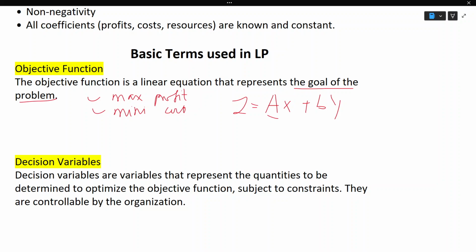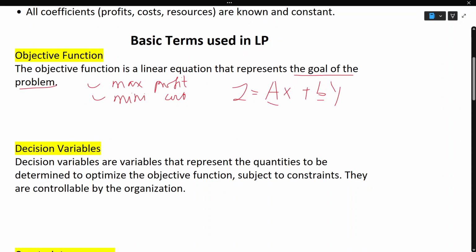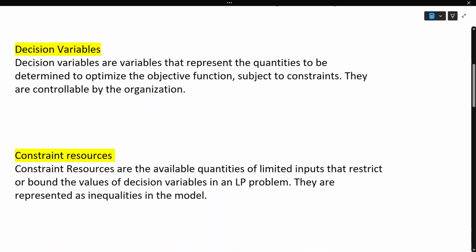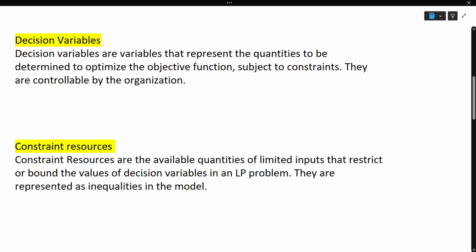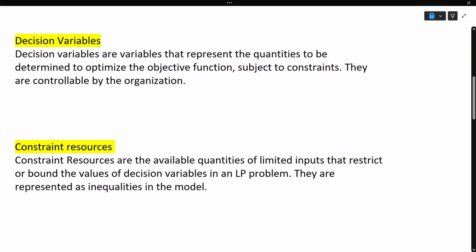where A and B are the coefficients. Now, what are decision variables? Decision variables are variables that represent quantity and are used to optimize the objective. They are also subject to constraints.